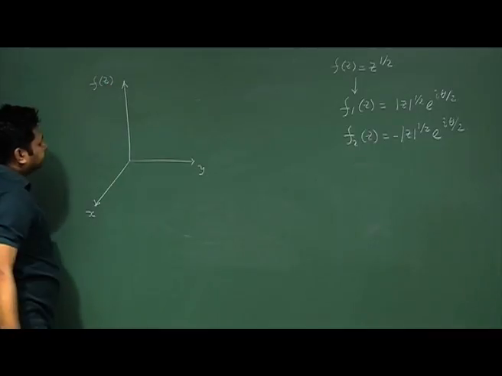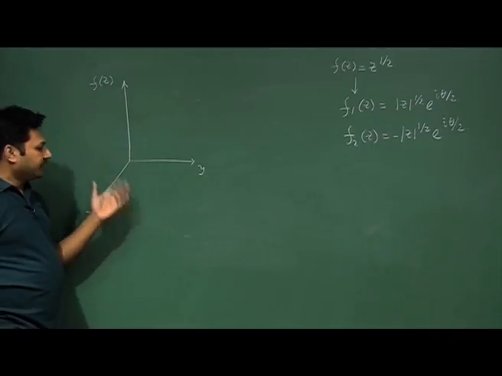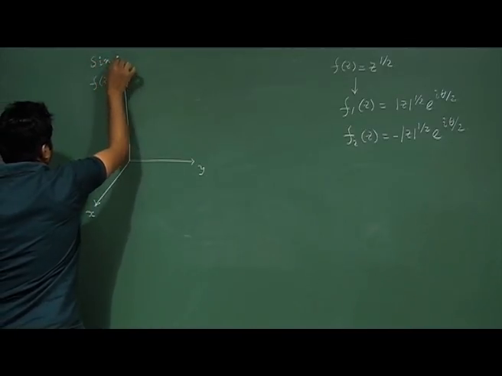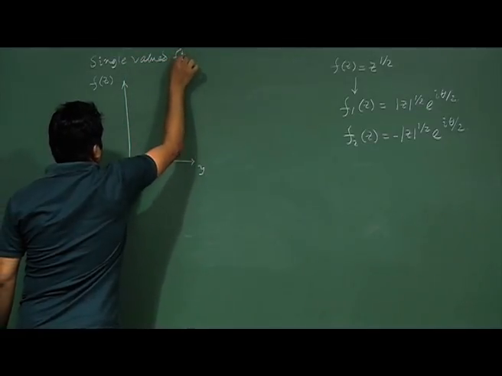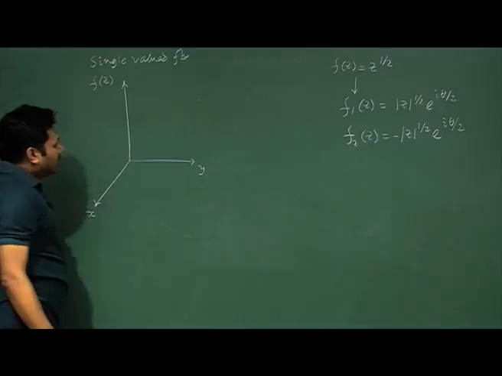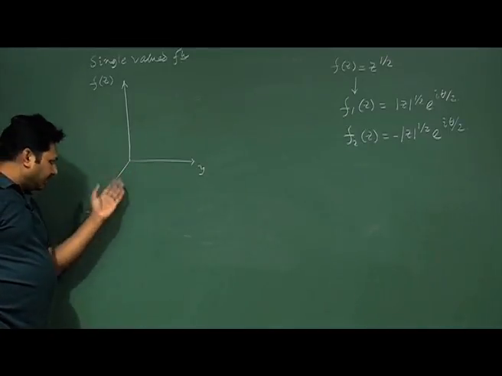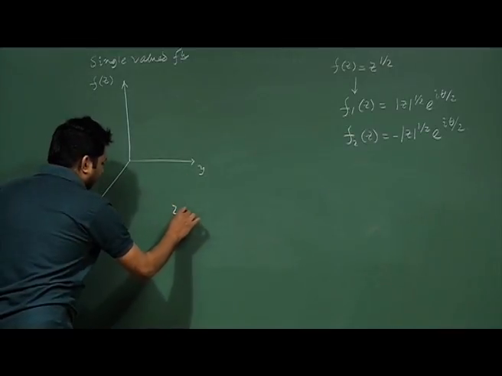If it is a single valued case, whatever the function, for a single valued function, whatever the z is in this plane, so x and y, z is x plus iy.